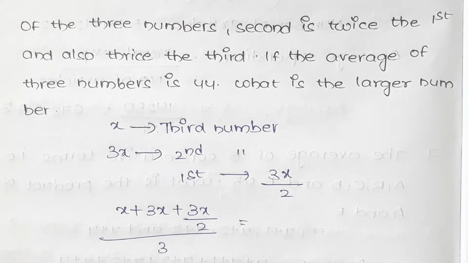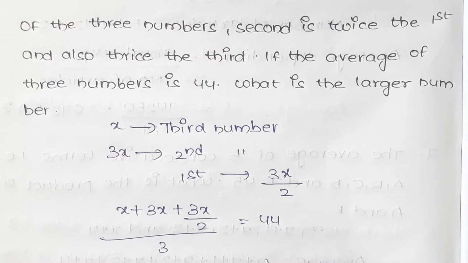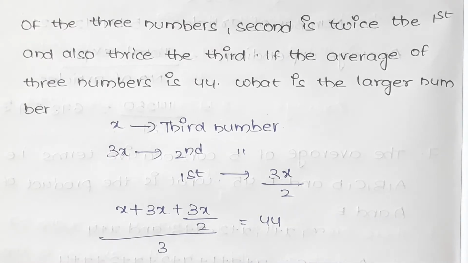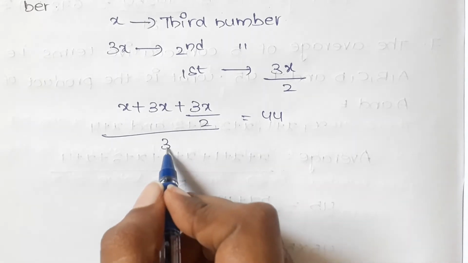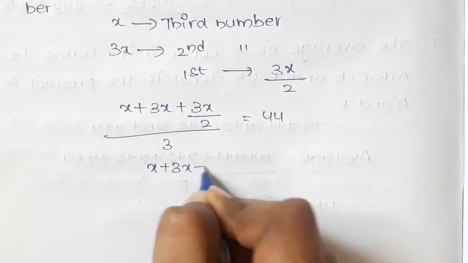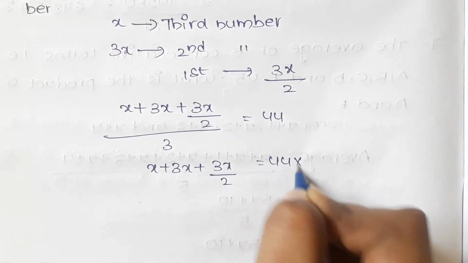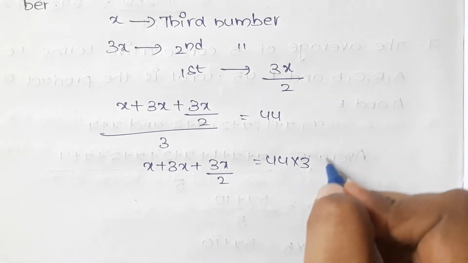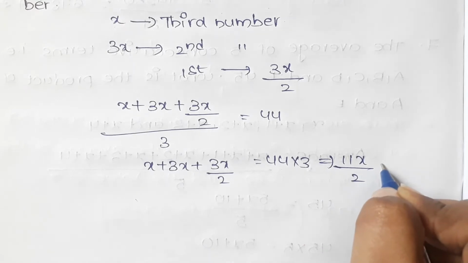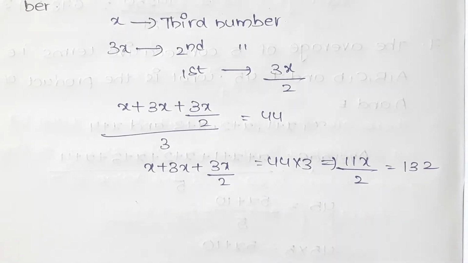Here the average is already given, that is 44, and now we should find the x value and the required numbers. This 3 is taken to the opposite side: x plus 3x plus 3x by 2 equals 44 into 3, that is 11x by 2 equals 132. 44 into 3 is nothing but 132.